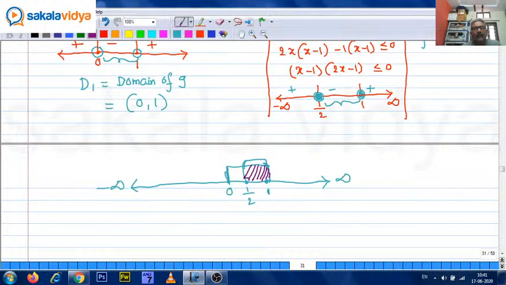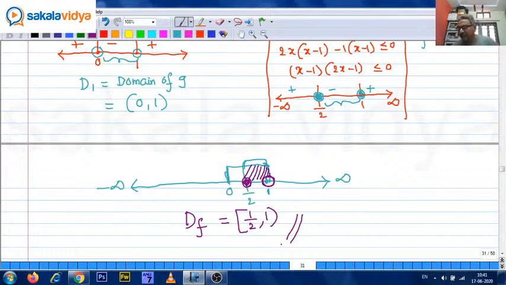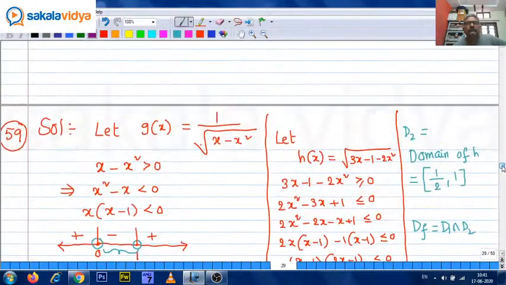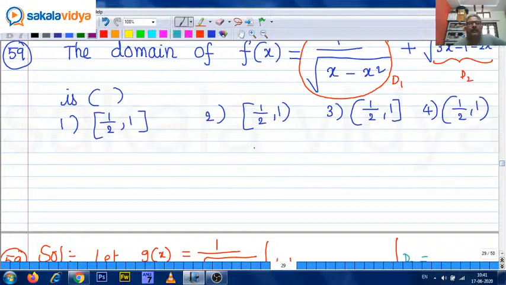But it's clear, half is included, 1 is not included. So therefore domain of f we can write as closed half comma 1 open. This is the answer. Second option is the right option.